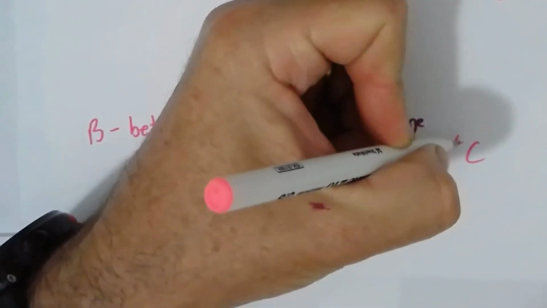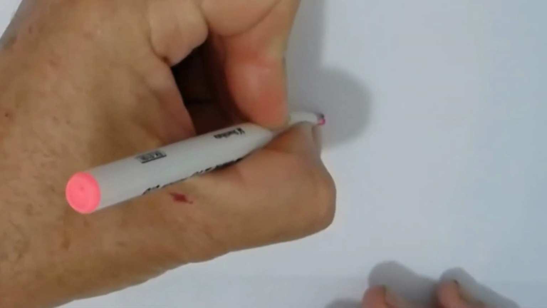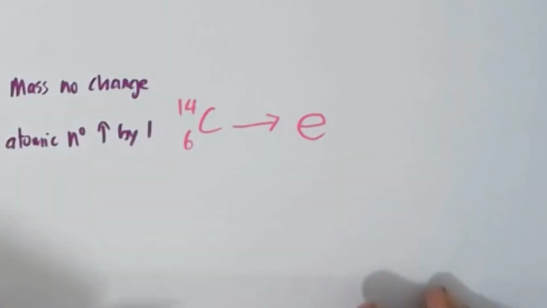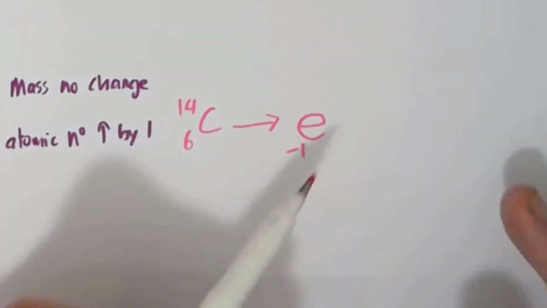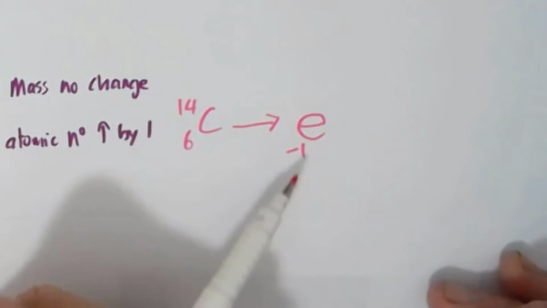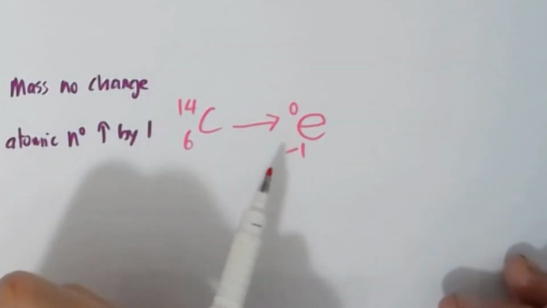Let's do an example then. Carbon 14 undergoes beta decay. When we express a beta particle, we write e for electron, with -1, and a 0 up here because there's no change in mass.